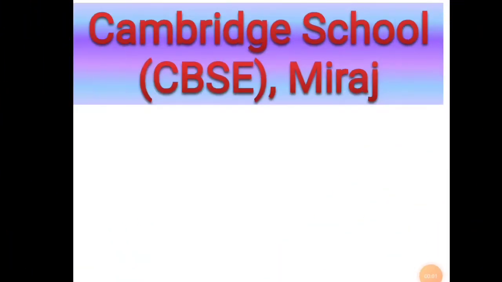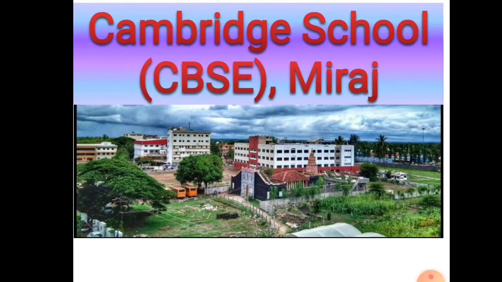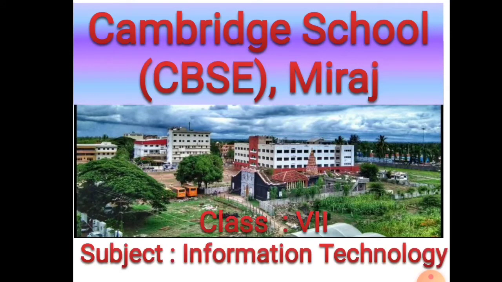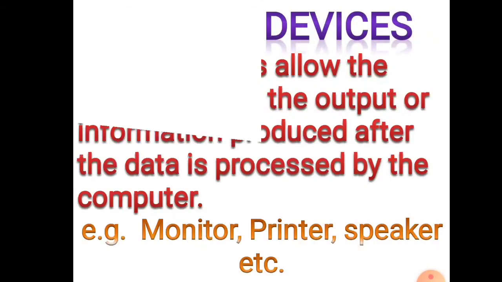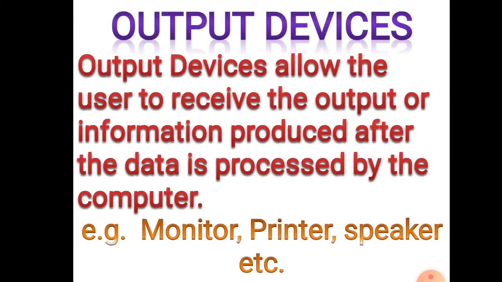Okay, last time we checked different input devices for class 7th for the subject information technology. This time we will see the different output devices. What do you mean by output devices?